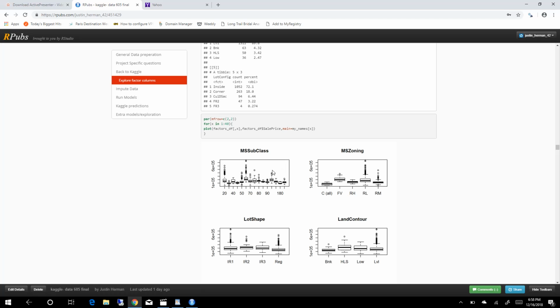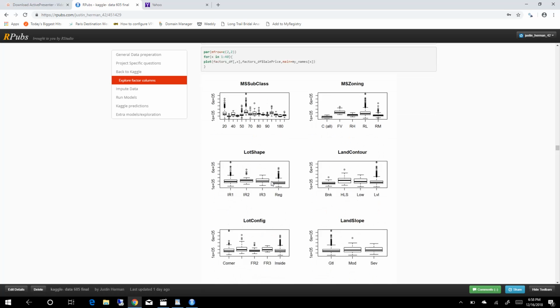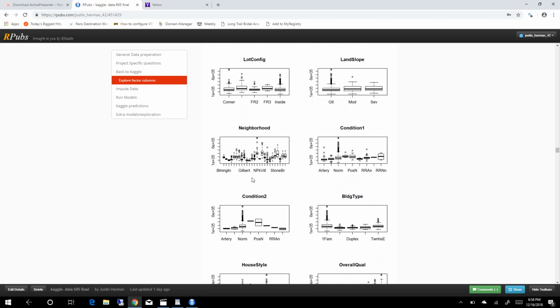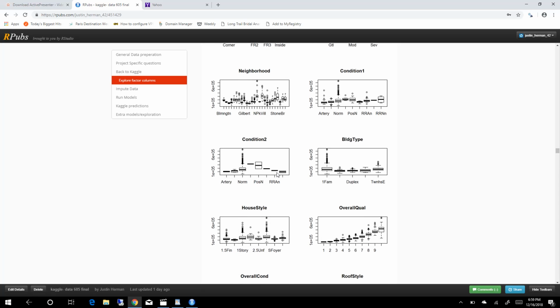Then I decided to plot out all of the factors. The way I thought about it was, I want to get rid of some of these. The ones I want to keep, I want to see somewhat of a difference between each factor level, and I want to see a narrow range of results. In my mind, that would mean they're important towards predicting sale price.